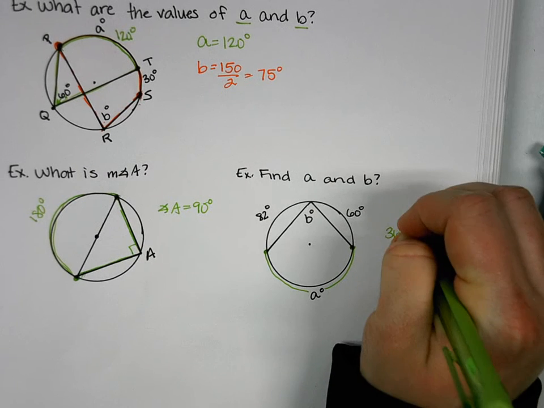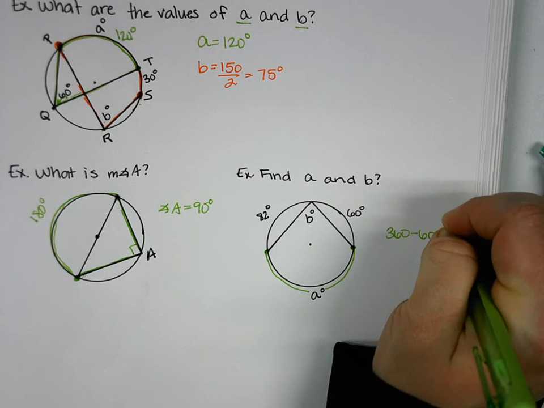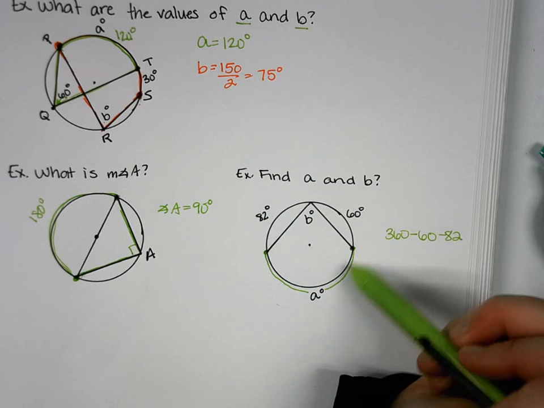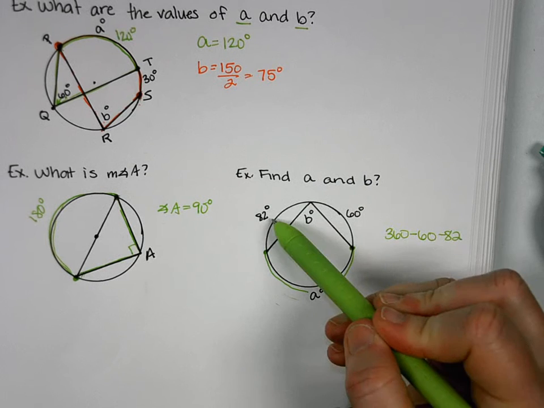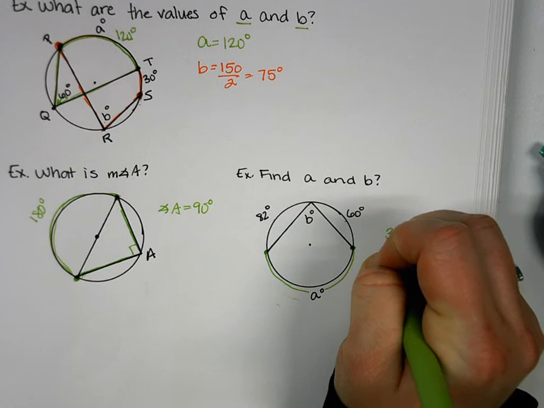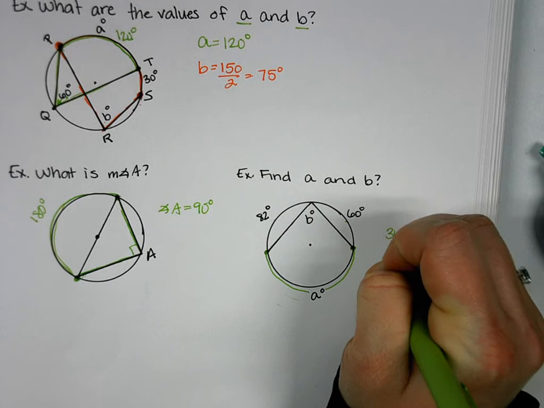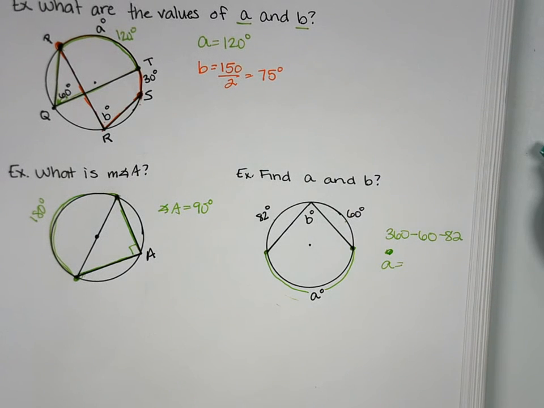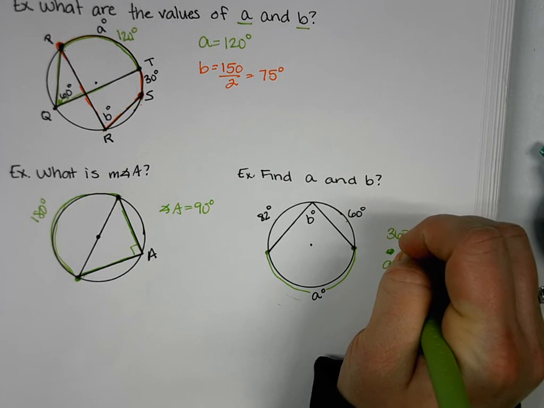We know the whole circle has to add up to 360, so if we subtract the two that we know, what do we get? 218.